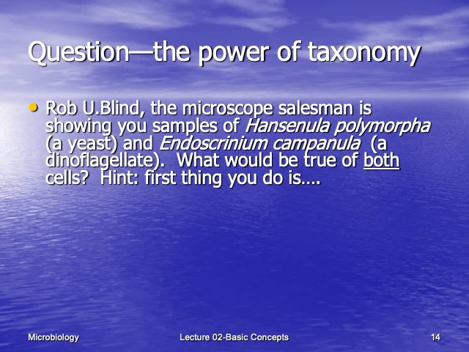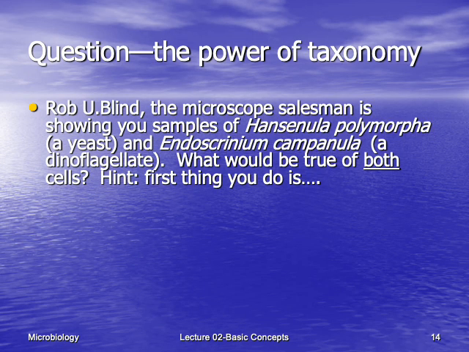So you got Rob U. Blind. I love these names. Sorry, I make them up. This is what I do for fun. He's a microscope salesman, and he's showing you samples of Hensenula polymorpha, a yeast, and Endoscrinium campanella, a dinoflagellate. What's true of both cells? This is a classic question I like to have on tests, where I say, here's two cells. What's true of both of them?